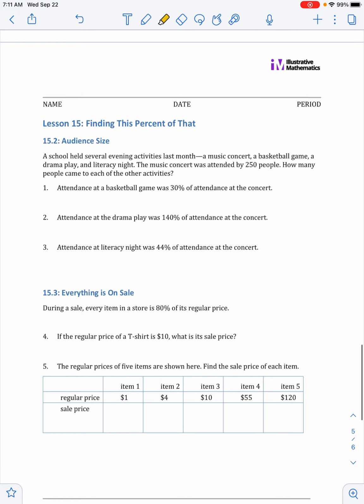But I just want to remind you of the key formula, which is that once you know what the whole is, you can always multiply the whole times the percentage divided by 100, and this formula will tell you whatever percent of the whole number. So for example, if I was asking you what is 50% of 20, you would multiply 20 times 50 over 100.